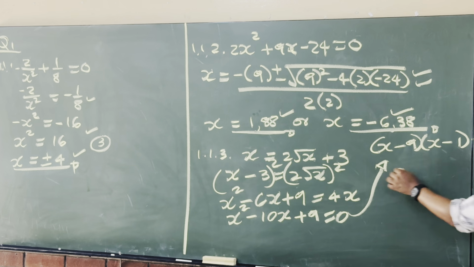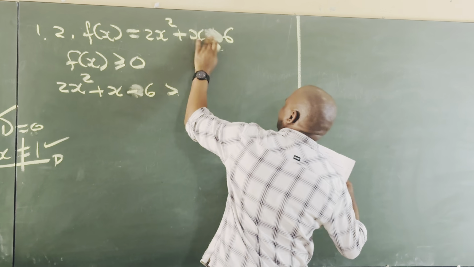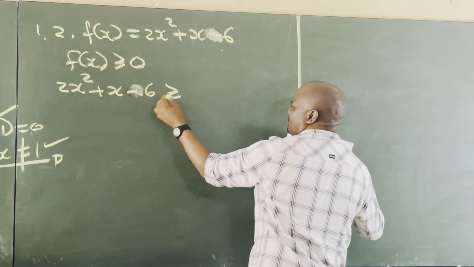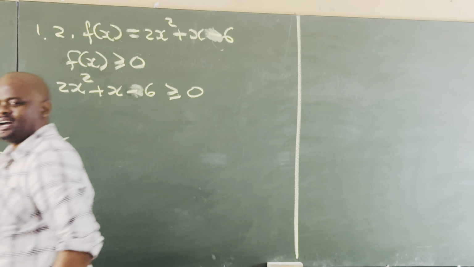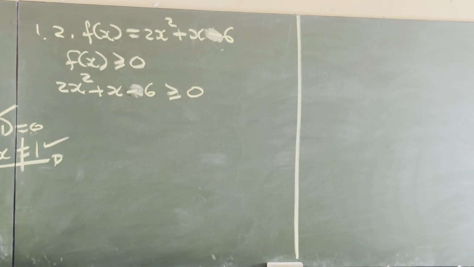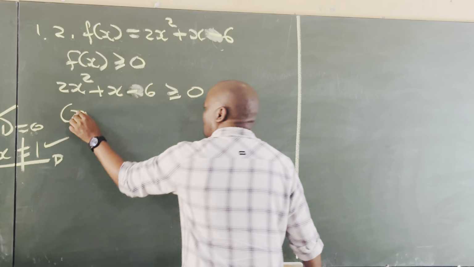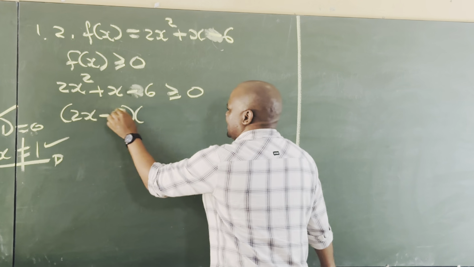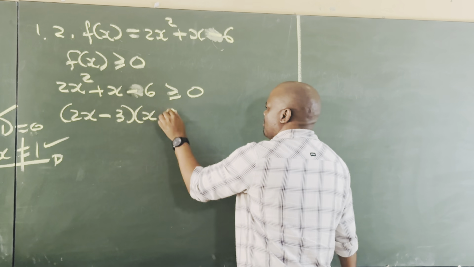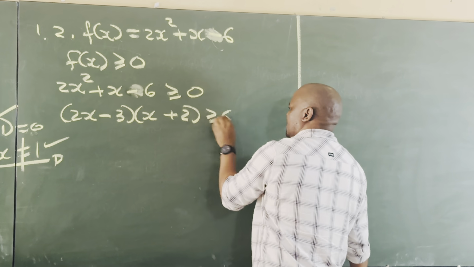So instead of f(x) we are going to write 2x squared plus x minus 6 greater or equal to 0. Thank you. And then factorize. What are the factors of this trinomial? (2x minus 3)(x plus 2) must be greater or equal to 0.